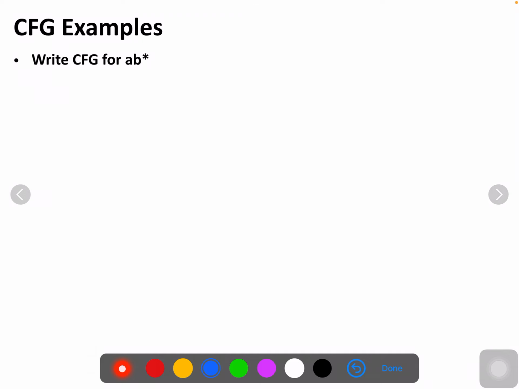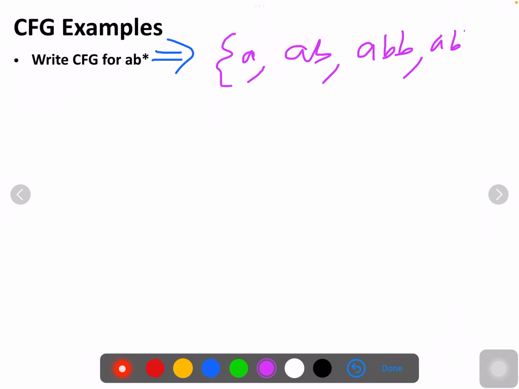Here it is. At least one a. What are the strings it can generate from here? Now you tell me, what is that string? It can be a, ab, it can be aab, and so on. This is a string. Now you tell me, at least one a should be there, right?